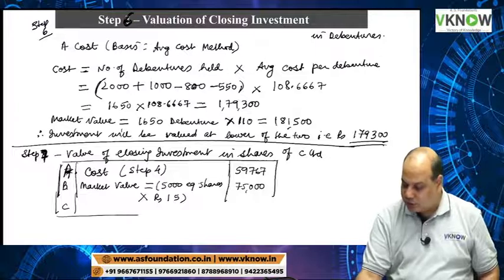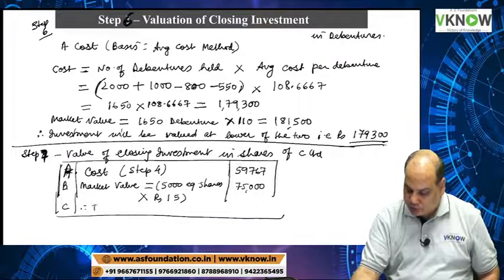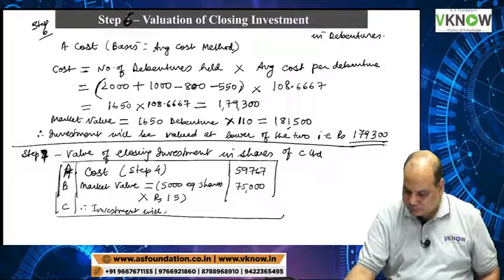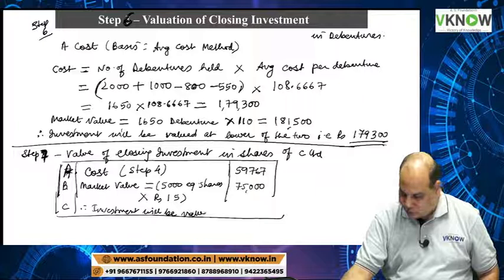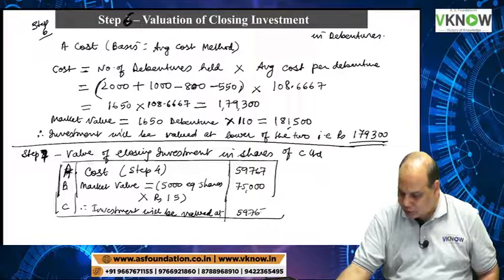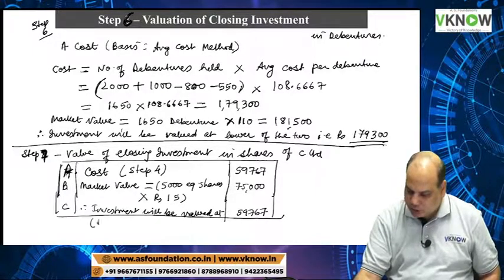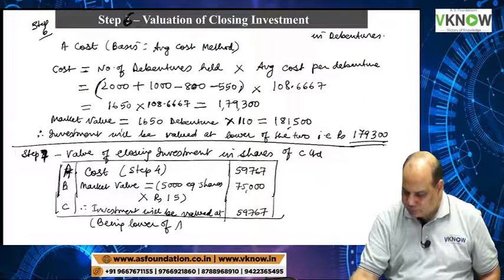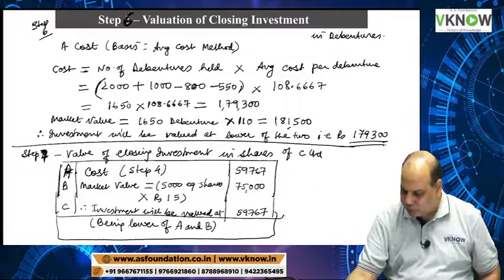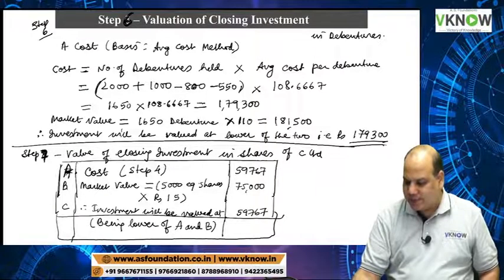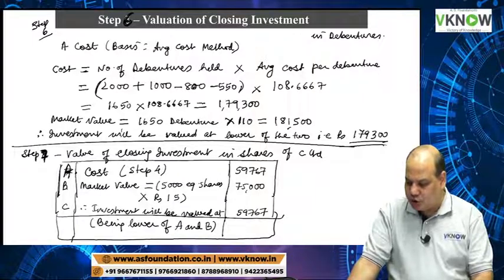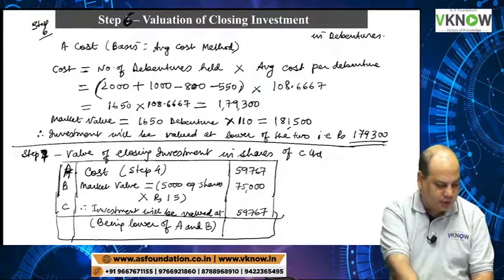So therefore point number C, investment will be valued at 59767, in brackets being lower of A and B. So this is my working note on closing investment value in shares of C Limited.